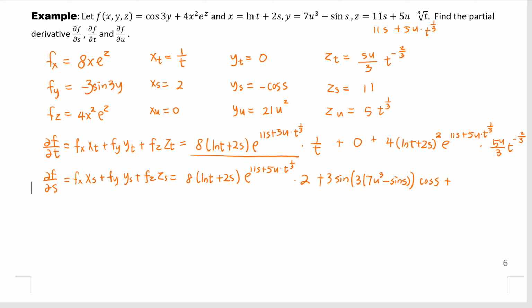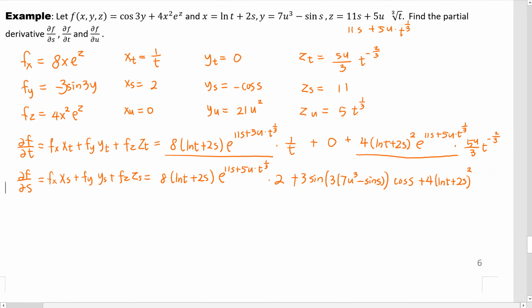And fz is this guy. Do I have enough space? Let me try to write as tiny as I can. And zs is just 11. Good. I can fit in one line.